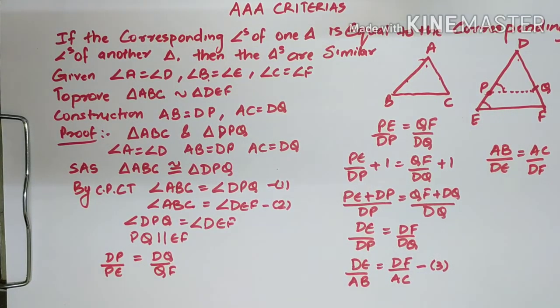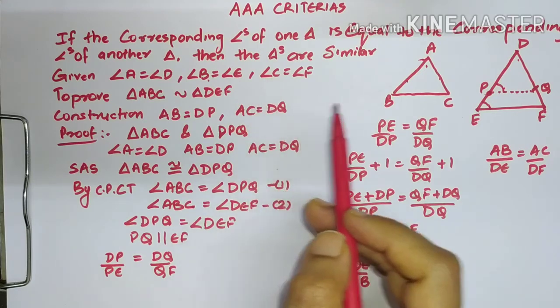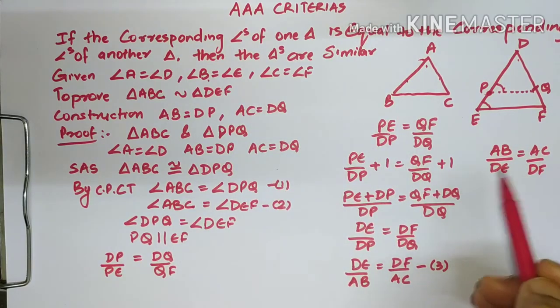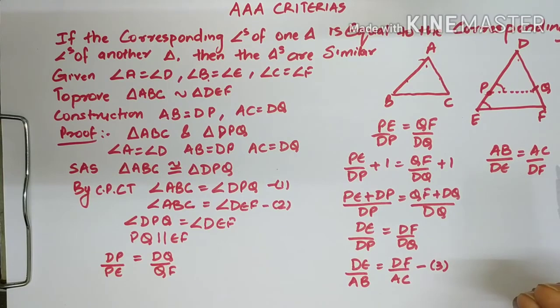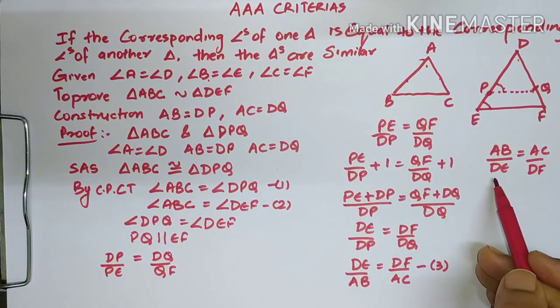Now we all know that if the triangles need to be similar, then we have two conditions that should be fulfilled. First one is all the angles of one triangle should be equal to the corresponding angles of another triangle, which is already given in the statement. So what we needed to prove is that the ratio of corresponding sides are proportional. If we prove that, then that will completely conclude that the triangles are similar, because both the conditions have been fulfilled. So the first condition was already given here, and the second condition we have proved.